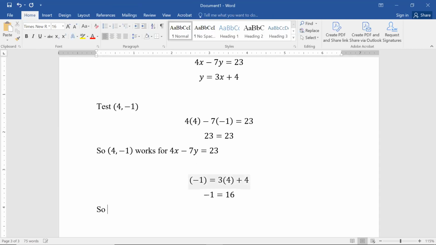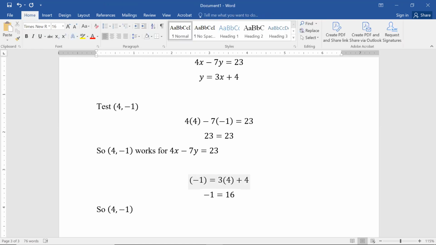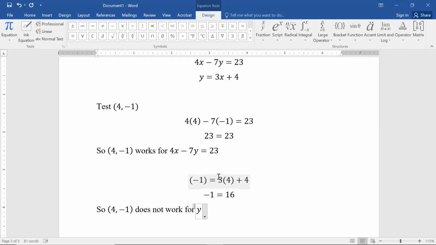Therefore, the point 4, negative 1 does not work for y equals 3x plus 4.